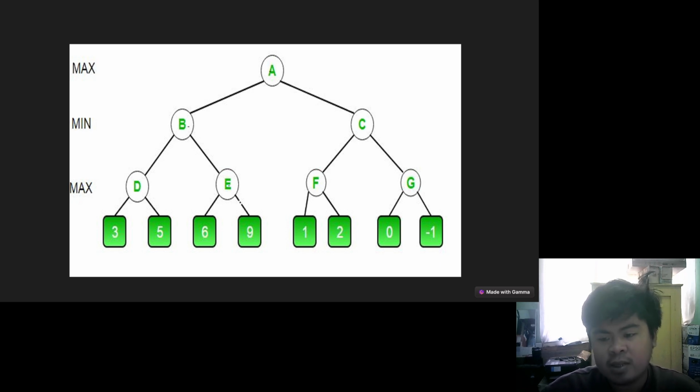At E, alpha is equal to the maximum of negative infinity and 6, which is 6. And here the condition becomes true. Beta is 5 and alpha is 6, so beta less than or equal to alpha is true. Hence, it breaks and E returns 6 to B.